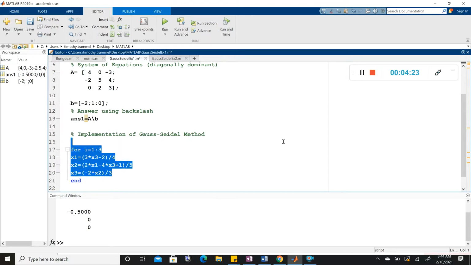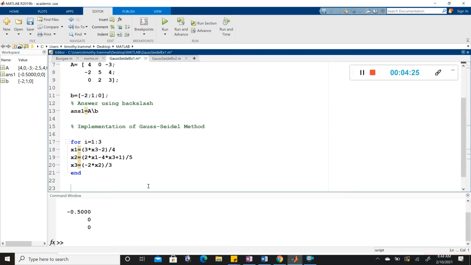And let's also note our answer. Let's make it just a vector. So how about x1, x2, x3? The last thing we need to do is, you might have a question, is this for loop going to run as it is?